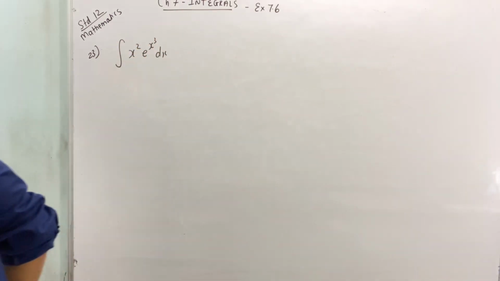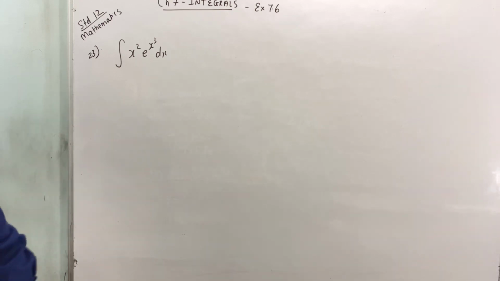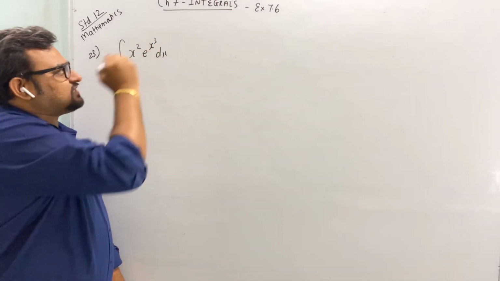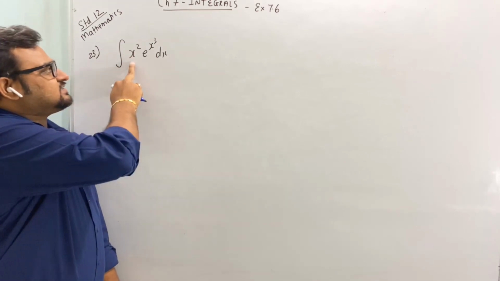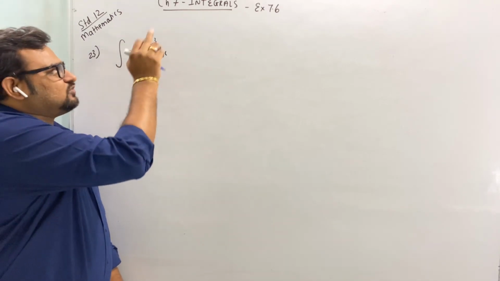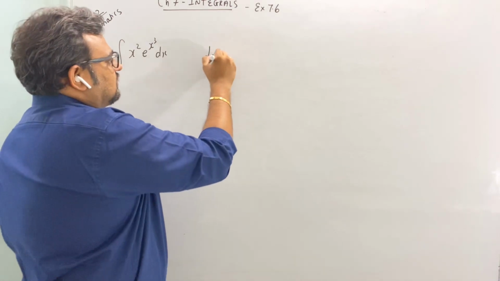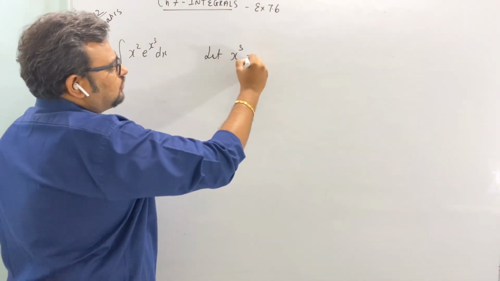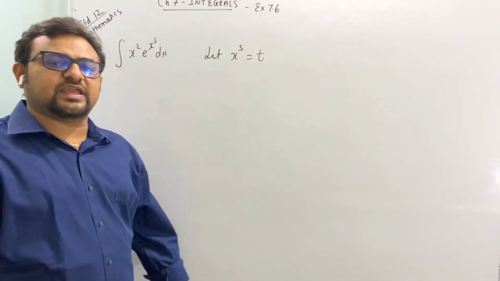Let me confirm, x square e raised to x cube. Okay, so now see here, the power here is x cube and here there is x square. So I can assume this x cube. Let x cube be equal to t.